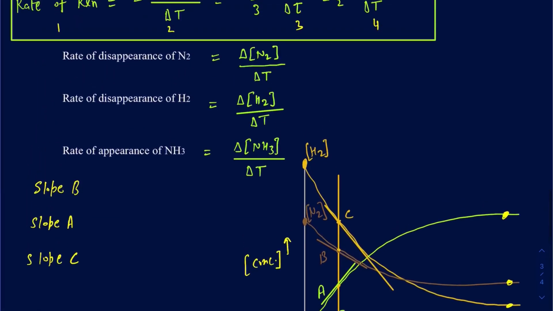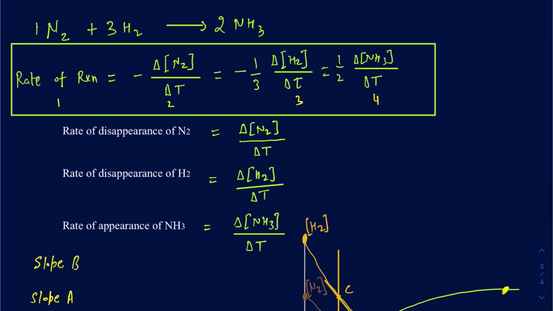If I go back to the reaction and look at how the rate of appearance and disappearance work, you know the N2 has a 1 as a coefficient, and the NH3 has 2 as a coefficient. So what you can say is that the rate of formation of NH3 is going to be 2 times the rate of disappearance of N2.